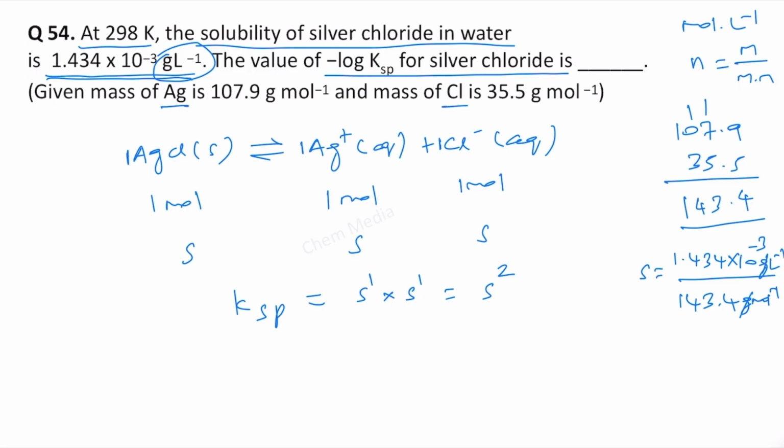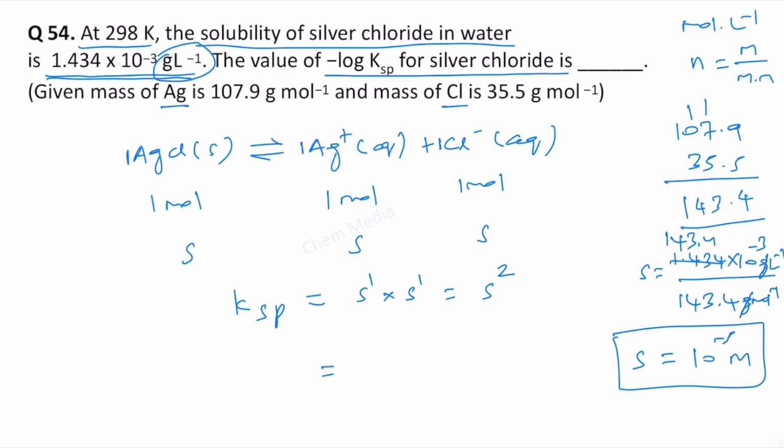Gram would cancel. When the per mole goes up, it will be mole per liter. And this one we can write as 143.4. So, therefore, this 10 to the power minus 3 will become 10 to the power minus 5. So, 10 to the power minus 5 molar, that is the molar solubility.